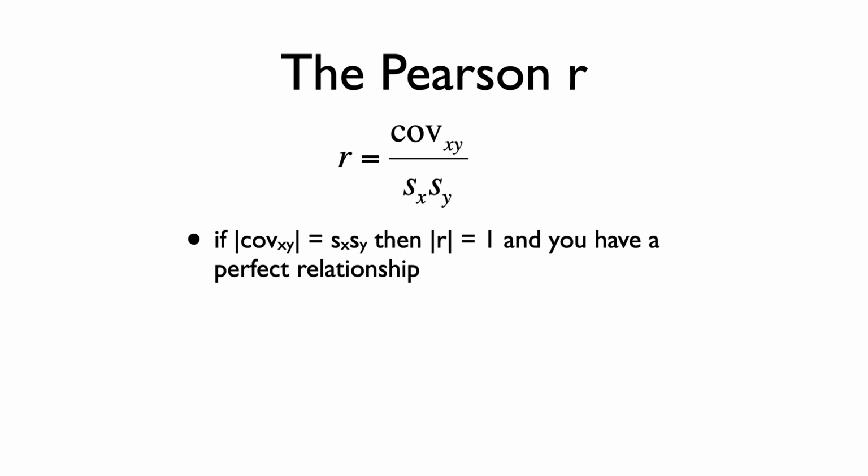Look at this. What's the covariance formula? Let's think about that for a sec. Remember, the covariance formula is the sum of x minus x bar times y minus y bar, over n minus 1.